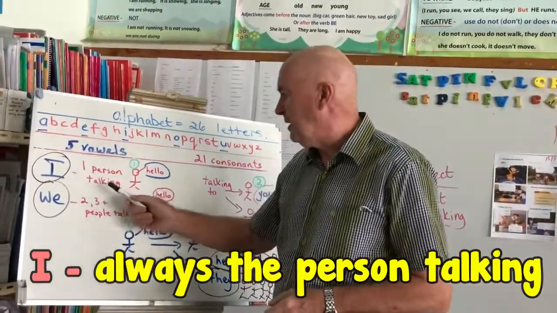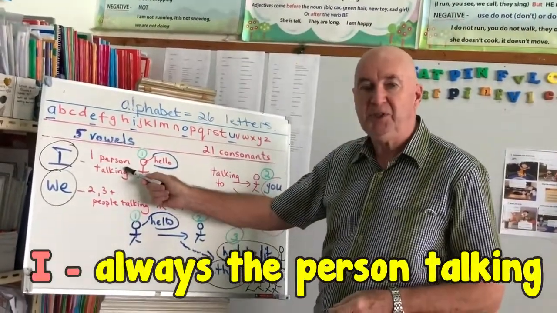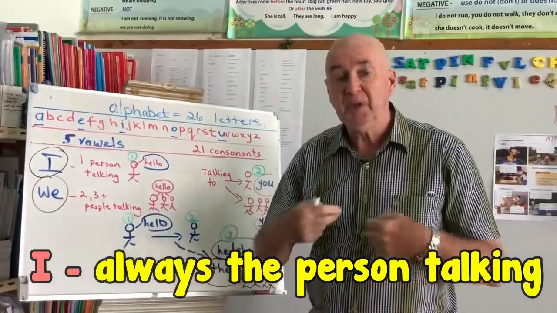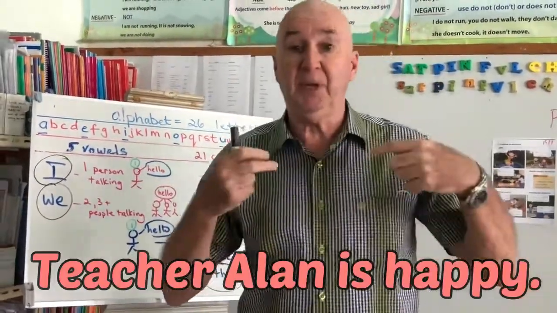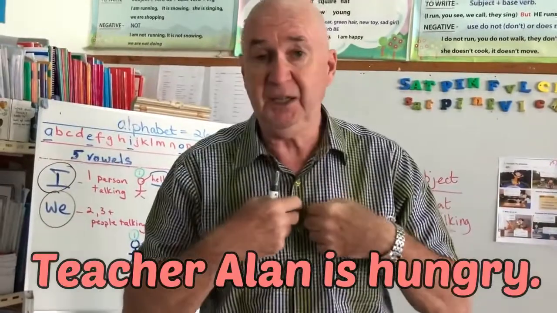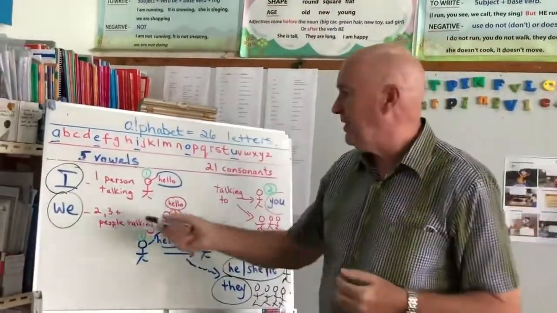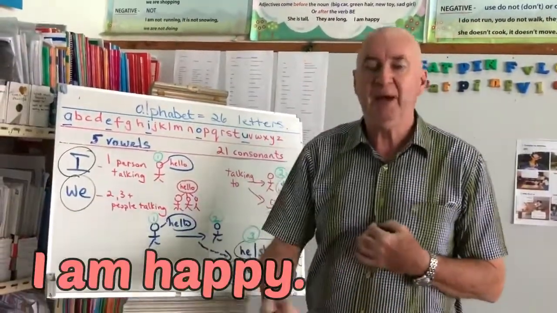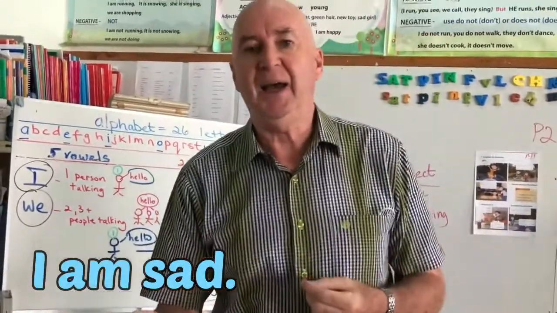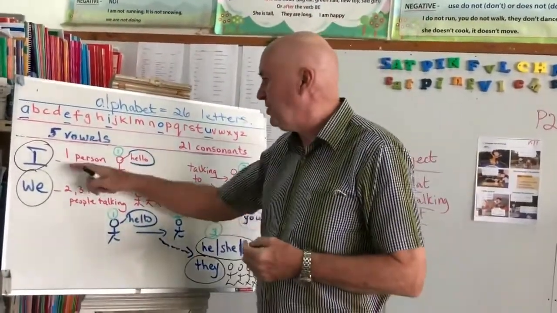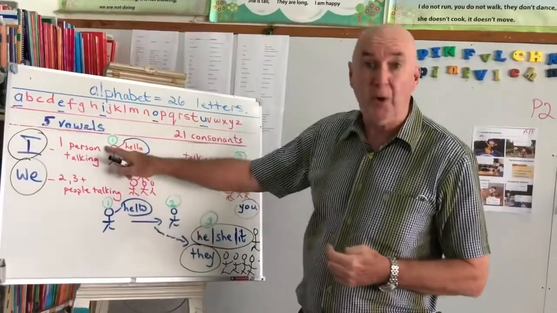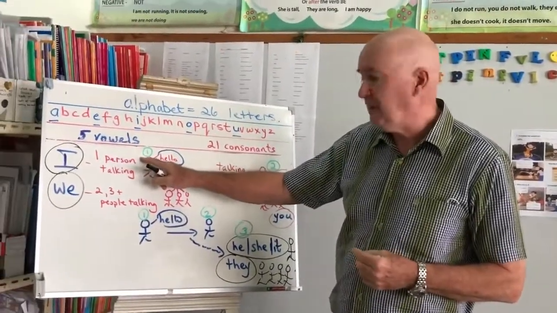Now, I is always the person talking. So, I can say, Teacher Alan is happy, Teacher Alan is sad, Teacher Alan is hungry. But it's easier if I say I. I am happy, I am sad, I am hungry. So the person talking is I. Let's call them number one, shall we? The person talking is number one.